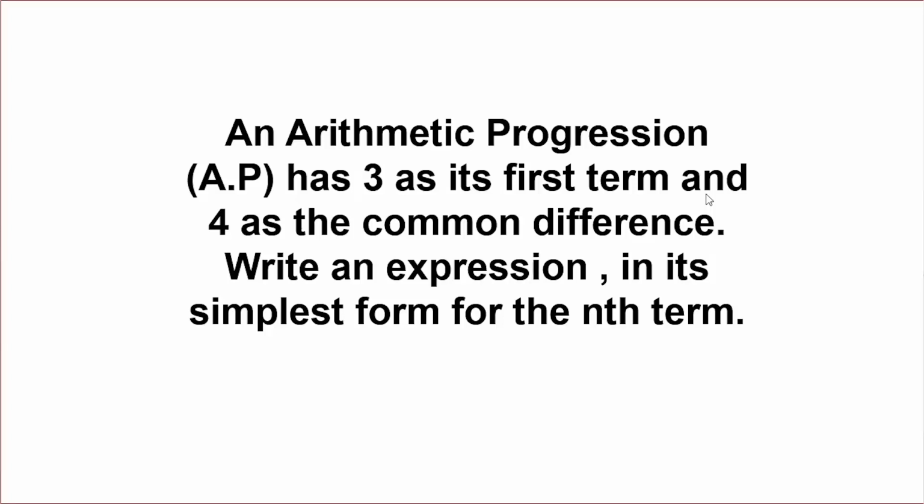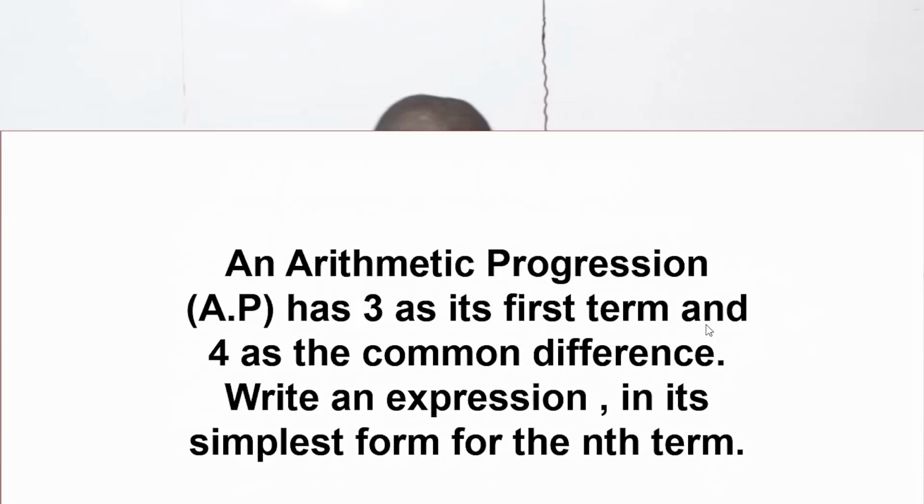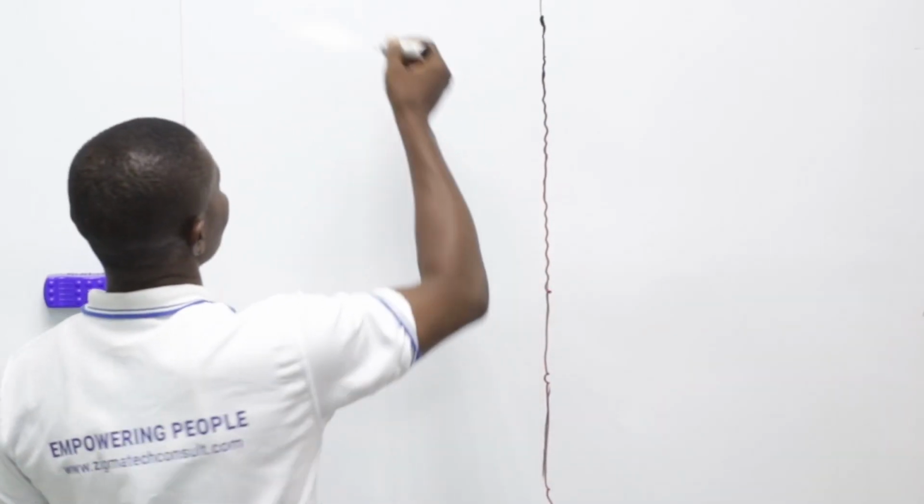Sample 1. An arithmetic progression, AP, has 3 as its first term and 4 as the common difference. Write an expression in its simplest form for the nth term. Remember, whatever you're doing in maths, you must remember your formula first.